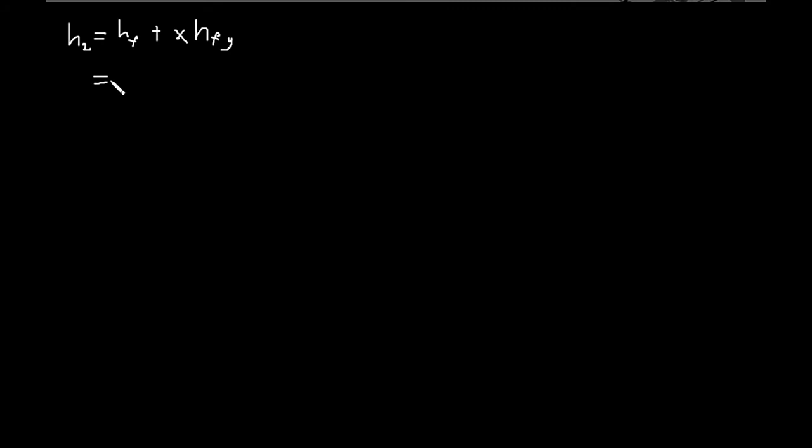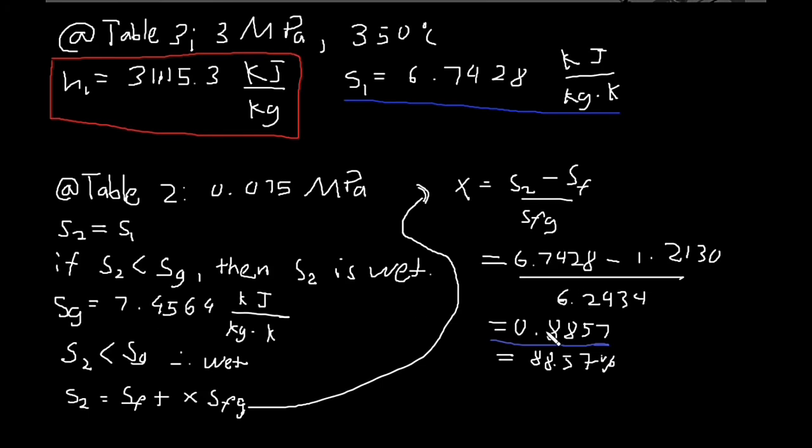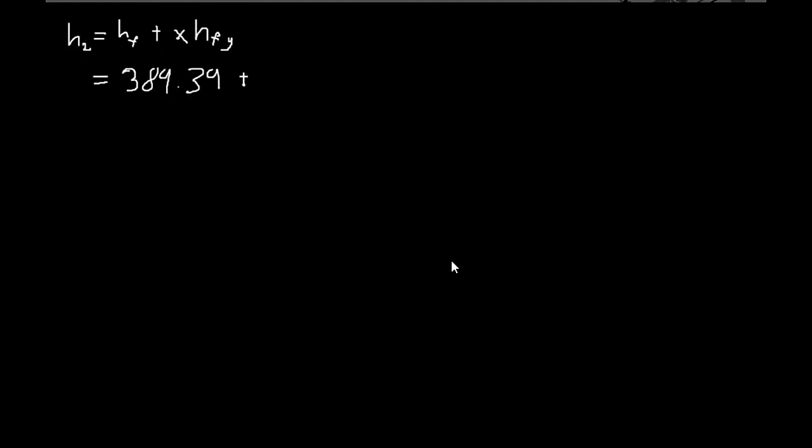Looking at the table, at 0.75 MPa, HF is equal to 384.39 plus our X, 0.8857, multiplied to HFG at 0.75, that's 2278.6.